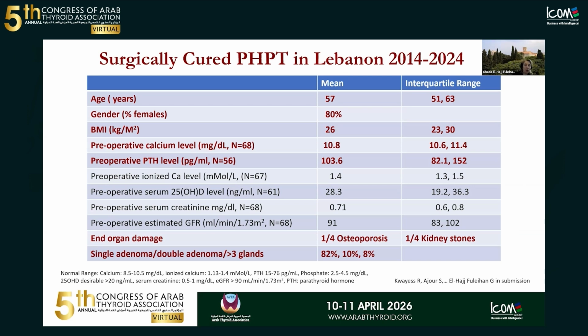I wanted to share with you the profile of 68 patients. This is a paper that's in submission, where we looked at different assays and whether we do central or peripheral intra-op PTH. But the gist of the paper here is to show you that the average age was 57, of course, as expected, 80% females, calcium not very high, 10.8, PTH 103, the interquartile range is anywhere from 82 to 152. 1/4 had osteoporosis by BMD. 1/4 had kidney stones.